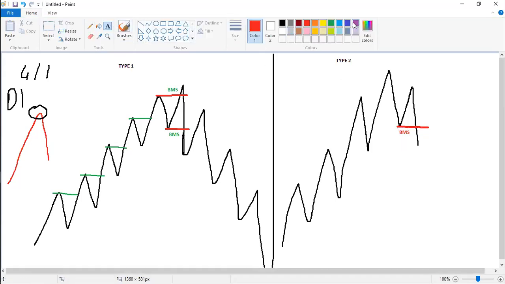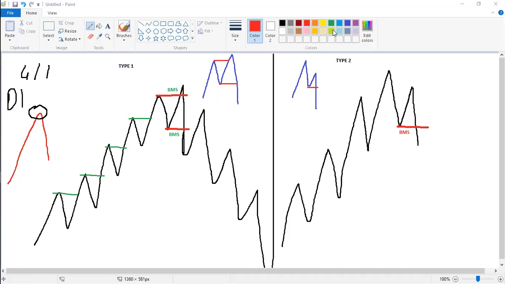If I use a different color, type 1 is like this, and type 2 is like this. Do you see the difference? So this is our type 1 reversal, and this is our type 2 reversal.